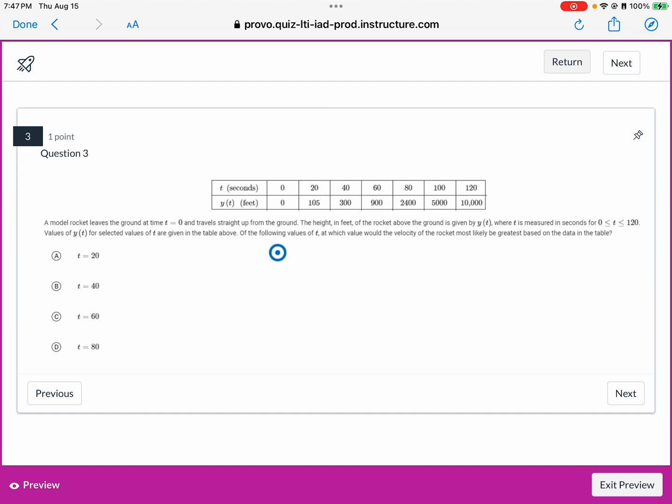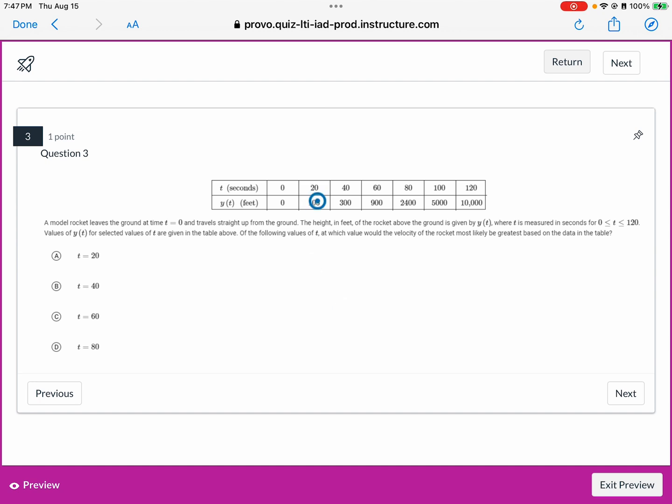Remember that speed is a rate of change. It's distance over time. Now if you look at these time intervals, all of them are 20, right? So they all have the same time interval of 20 seconds. So the only thing that's different is going to be the change in your distance over those intervals. So for the first 20 seconds, we went 105.